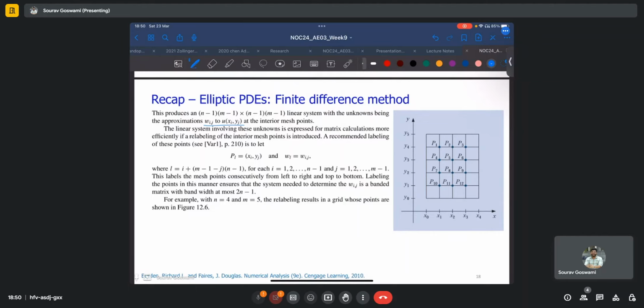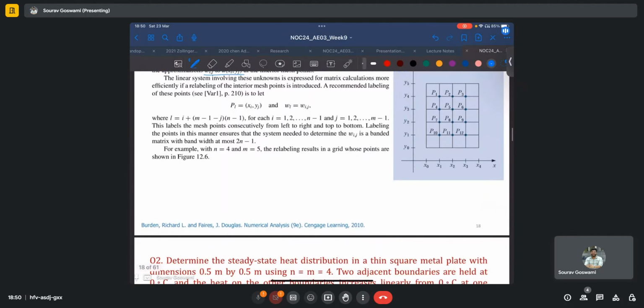It is optional to stick to it or not. What this will accomplish is simply label the mesh points from left to right and top to bottom as shown here. You can reverse it, that is, you may start at some bottom extreme, label this as P1, P2, and go on. As long as it is consistent, the outcome will be the same.